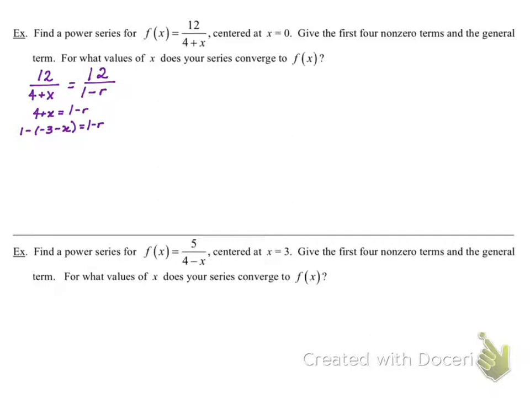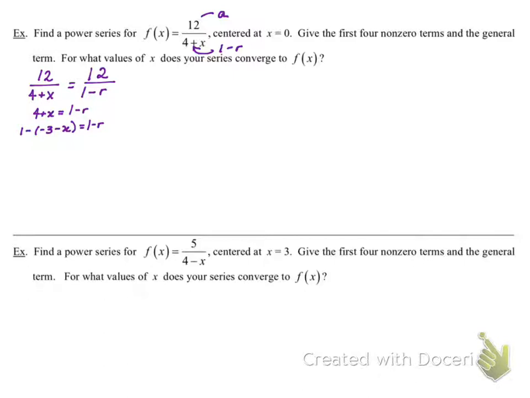Now, think back again. Your a value will always be on top, and r is somewhere in there in the bottom, in a 1 minus r form.